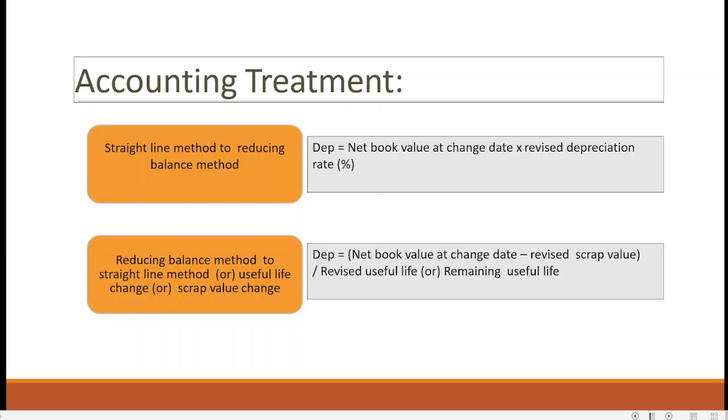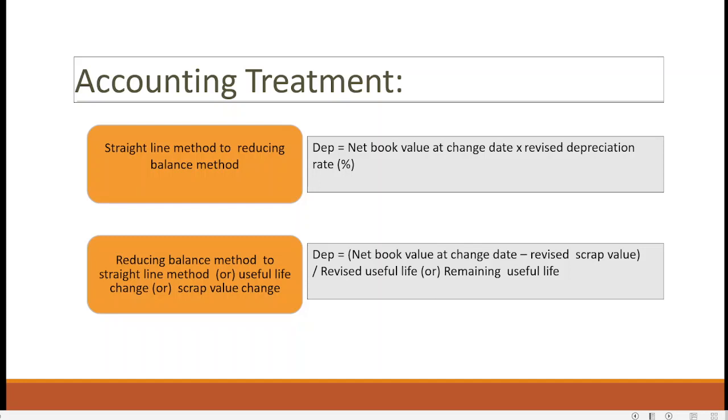So there are different methods of charging depreciation, but the most commonly used is the straight line method and the reducing balance method based on a fixed percentage. So those are the two key methods. And the production method is used when we know the production schedule of the asset. Otherwise, we don't normally use the other methods, right? So there are three main methods.